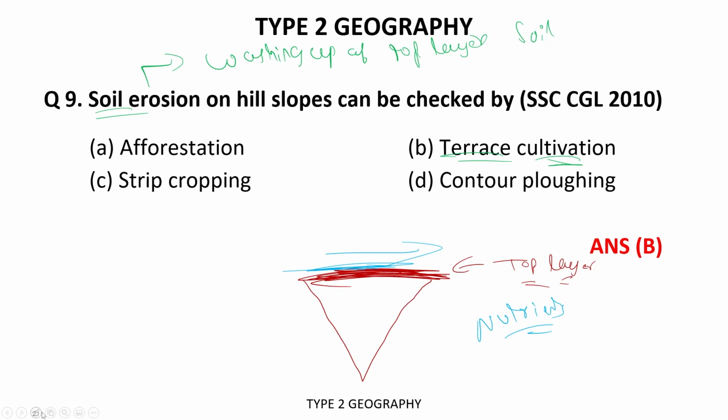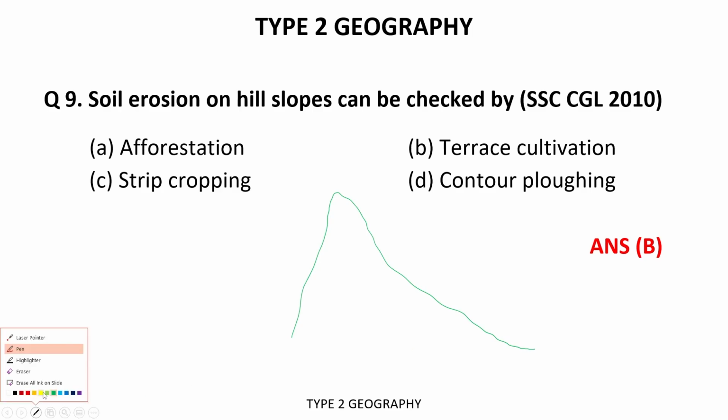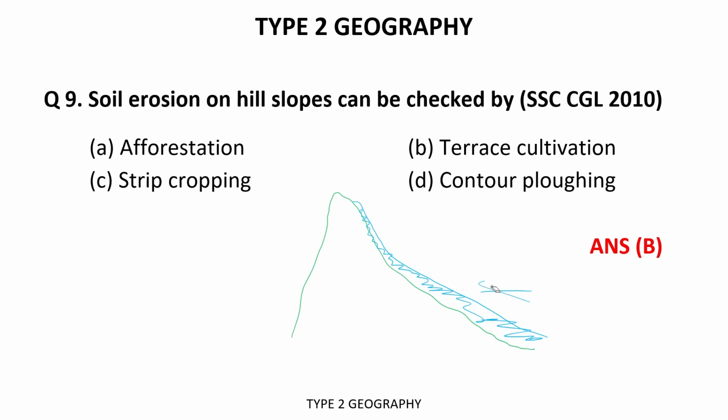When we are talking about hilly areas like this one, the flow of water is tremendous, very high, because of the gravity action and incline slope.